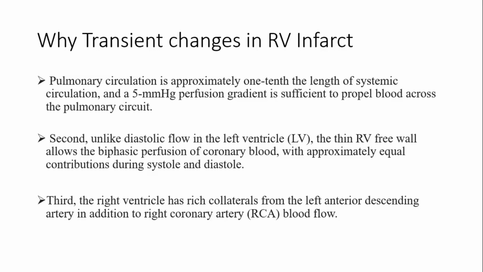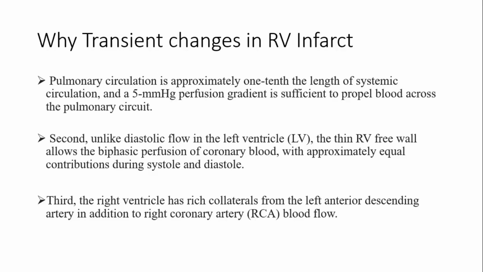The second point is that, unlike the left ventricle, the RV wall is thin. In the left ventricle, the coronaries are perfused mostly in diastole. But in the case of the thin-walled RV, the flow is biphasic, in both systole as well as diastole. So this is another point.